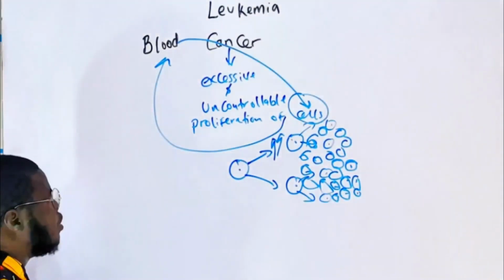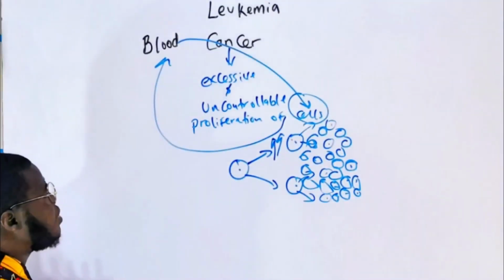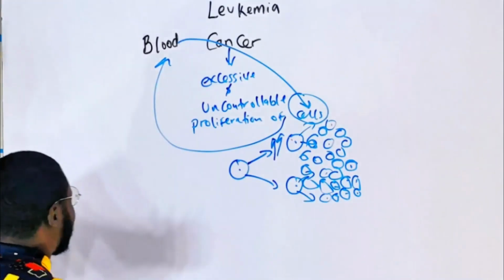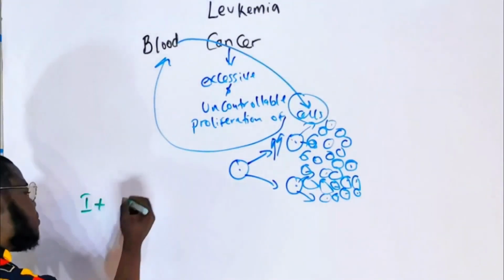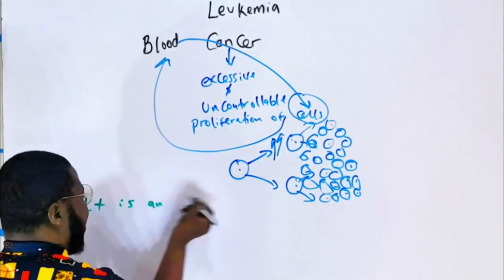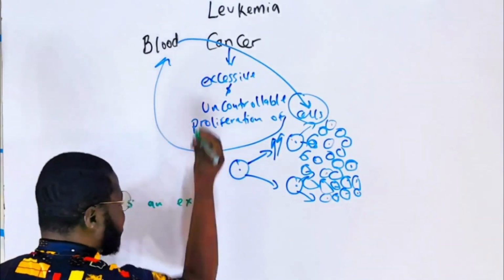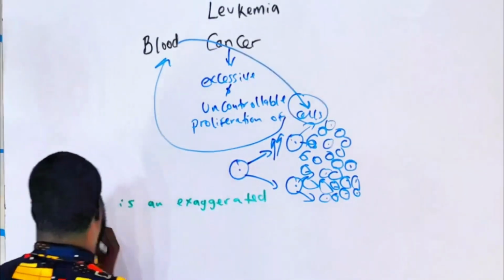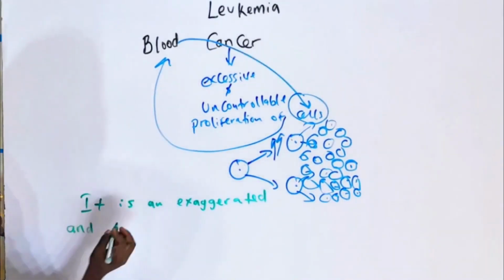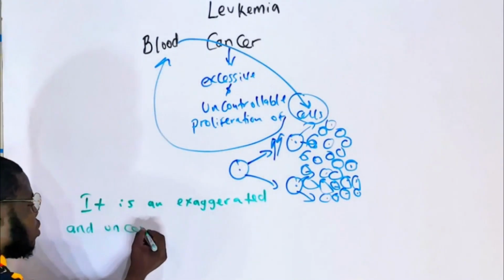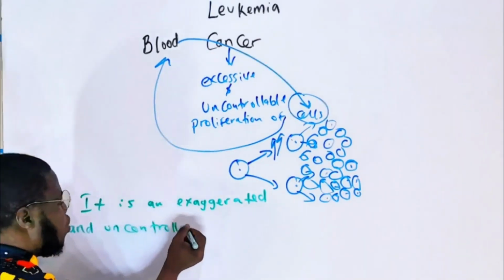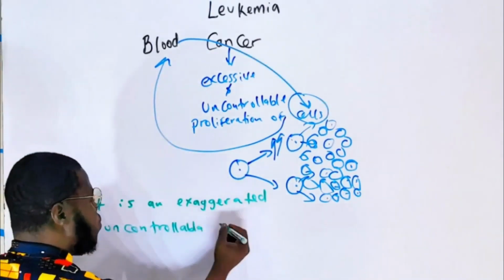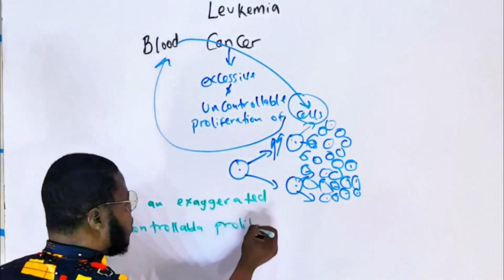Now, to modify the definition of leukemia, you can say it is an exaggerated, that's for excessive, and uncontrollable proliferation.